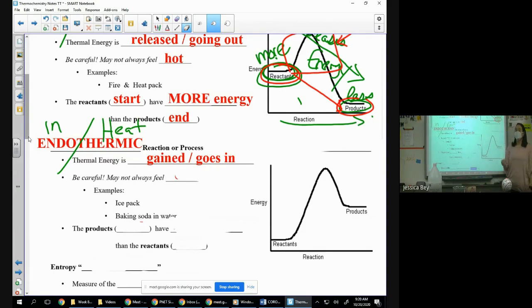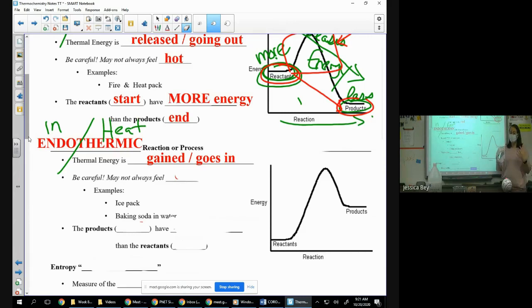This is so hard because students want that to mean that it heats up, and that is not true. What it is, is taking in energy to make bonds. So it's removing energy from the area around it, cooling the area around it, and it's not keeping it as thermal energy, it's making it into something else.